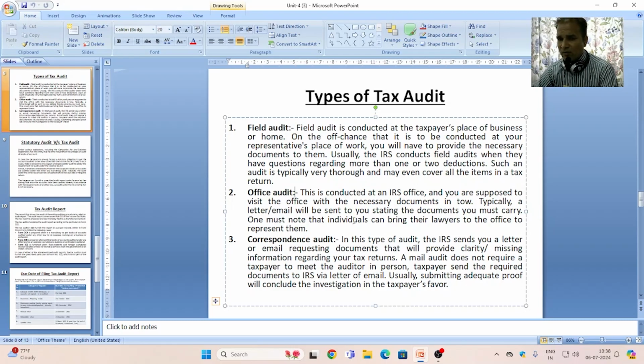In case of office audit, the individual, taxpayer or SSC can bring their lawyers to the office to represent them. So these are the types of tax audit: field audit, office audit, correspondence audit.